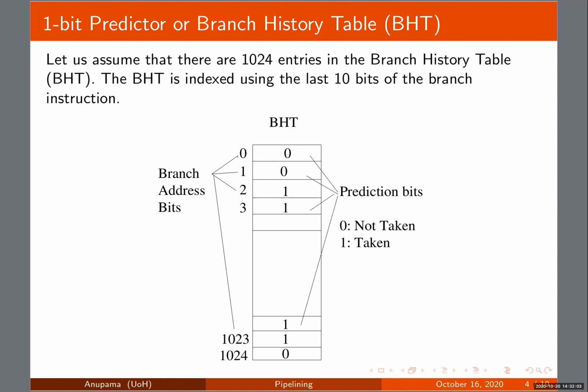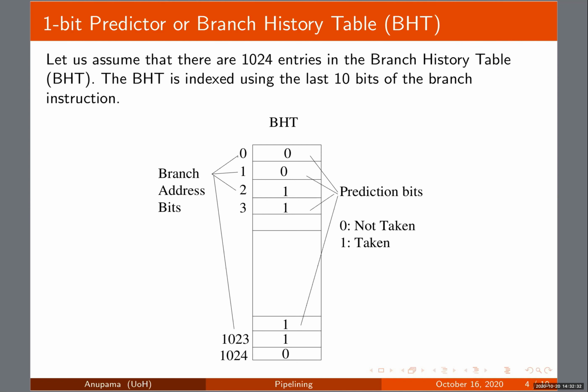They don't need to, because they use the branch address to index into the table. Now, when you say I have 1024 entries in the branch history table, you only need 10 bits to address all the locations in the branch history table. So one method of doing that is to use the last 10 bits of the branch address, for example.